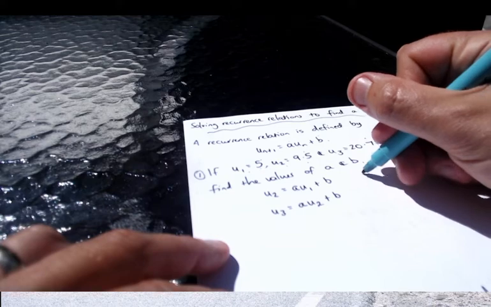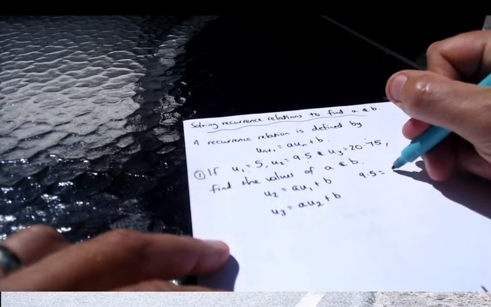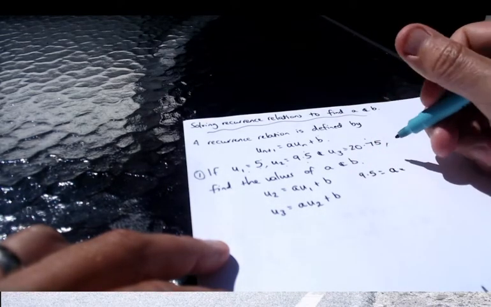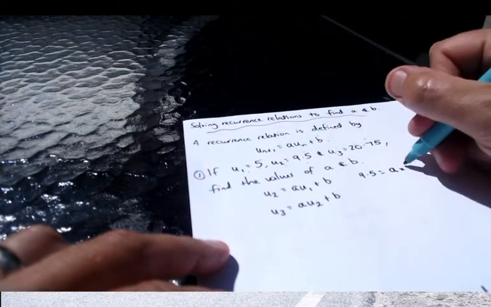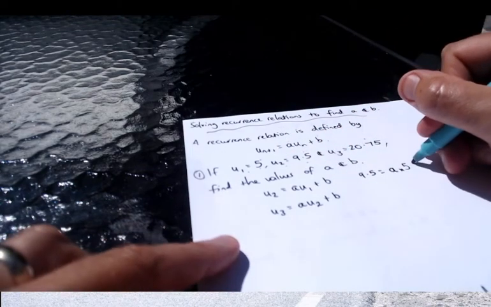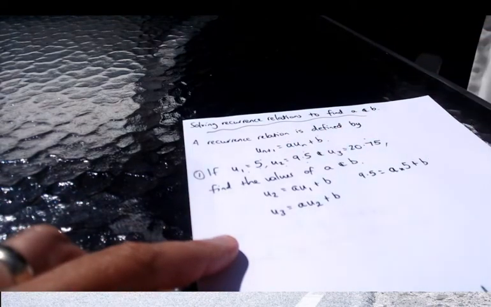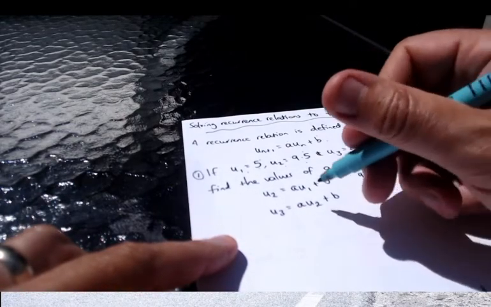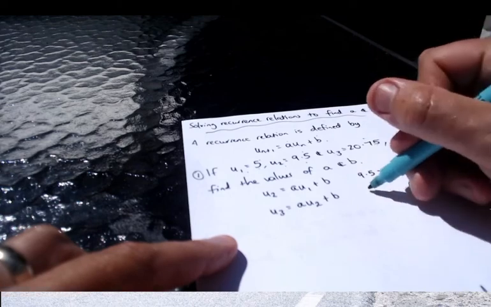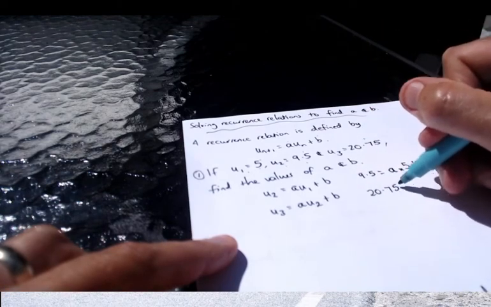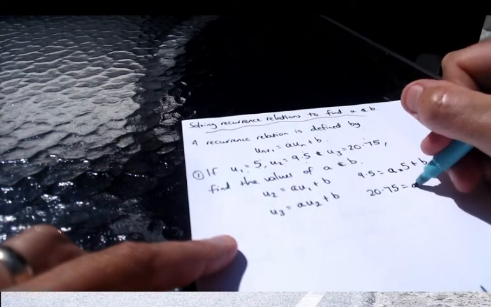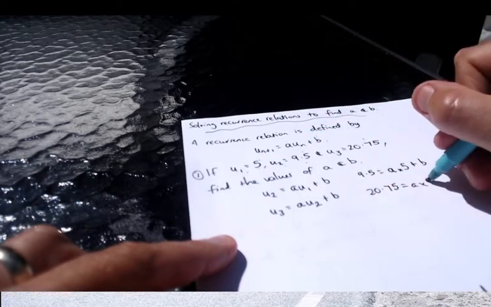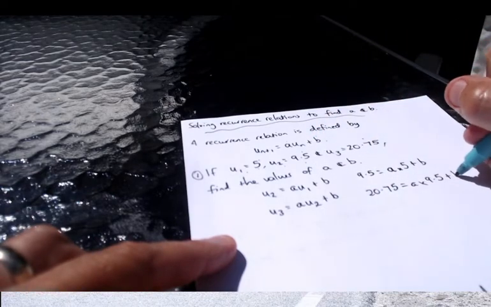So u2, that's 9.5, equals a times u1, which is 5, plus b. And u3, 20.75, equals a times u2 plus b.